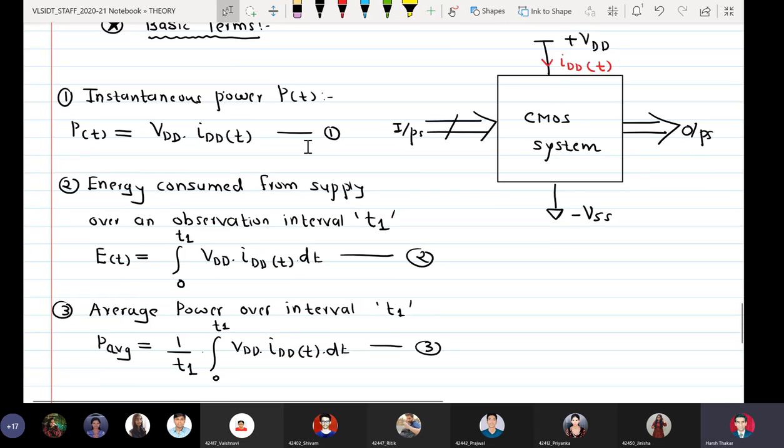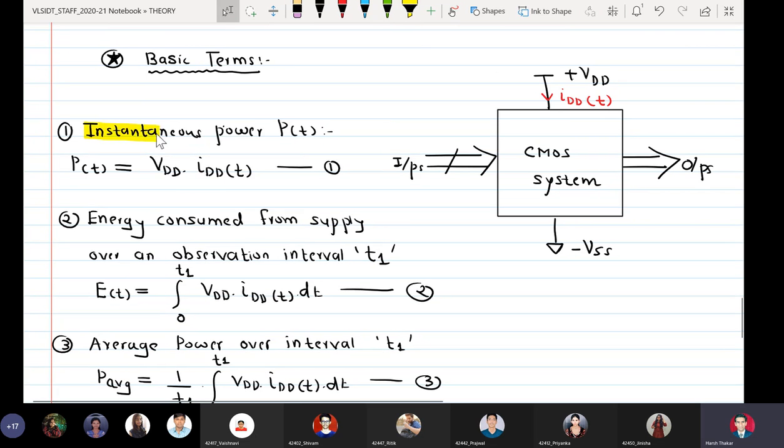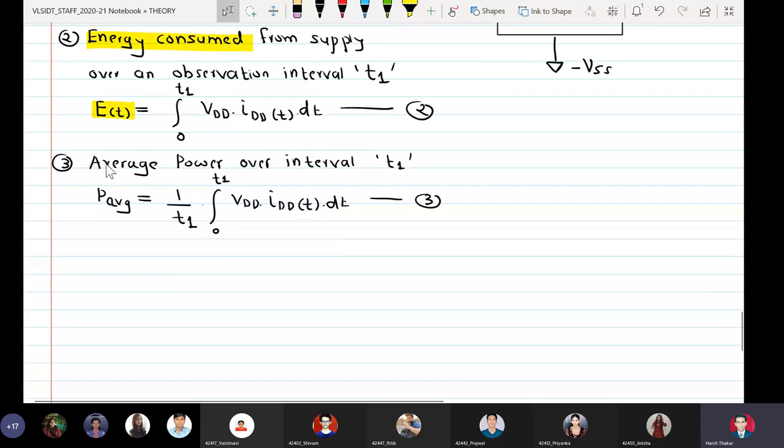So we have instantaneous power P of T, energy consumed E of T, and average power P average. These are basic terms which will be used for mathematical analysis soon.